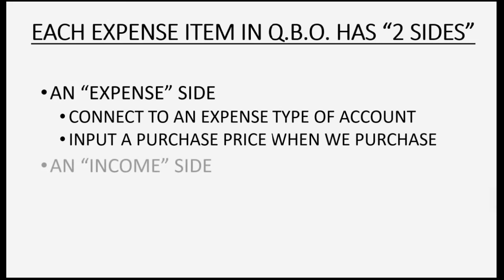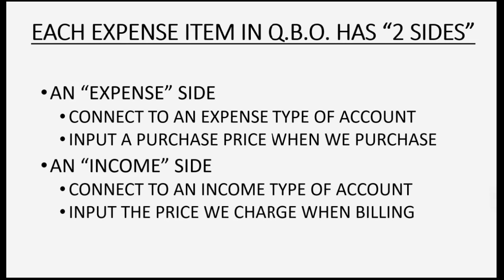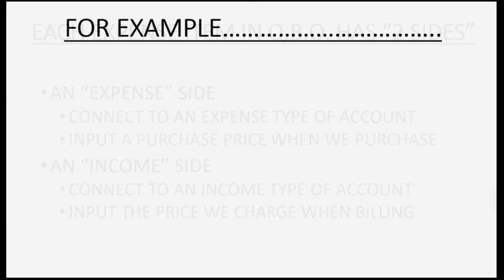So the item also has to have an income side that we connect to an income type of account, just like we did earlier in the course. And in that side, we put the price that we're charging or billing for to the client. Now, of course, the purchase cost and sales price could change every time we put the item on a document, but at least it gives you the option of putting that in.